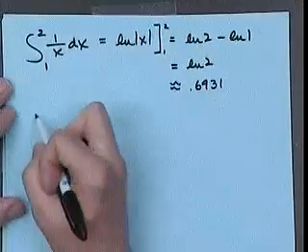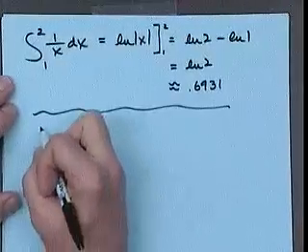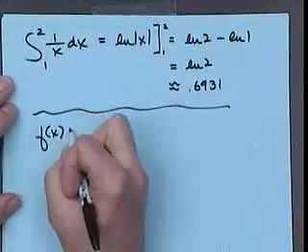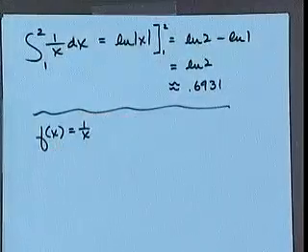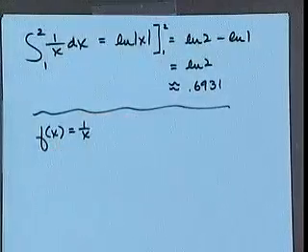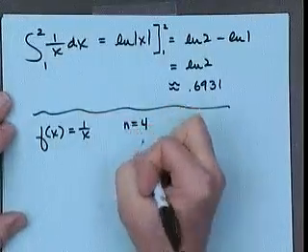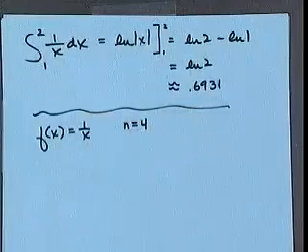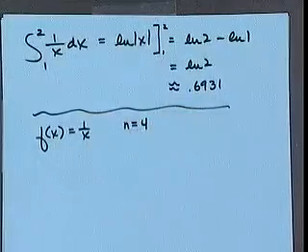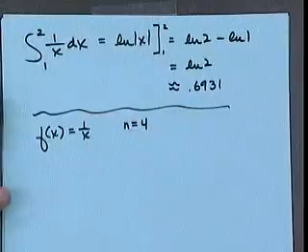But let's see what the trapezoidal approximation is going to look like. So we have this function, 1 over x. We want the area under this function from 1 to 2. Let's use 4. To get a higher level of accuracy, we could use more trapezoids, but it gets a little ridiculous with manual computation.